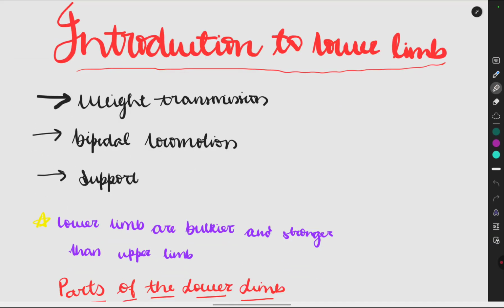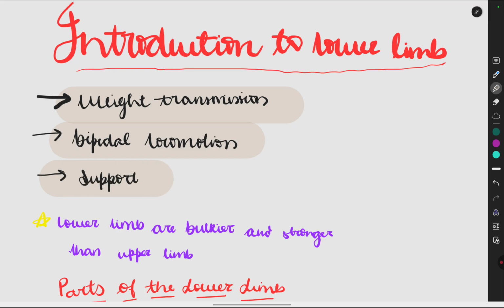So what does the lower limb help in? Lower limb helps in weight transmission because it is in the lower part of the body. It helps in bipedal locomotion. Human beings have two legs by which they can easily walk and shift from one place to another, and it provides support to the upper part of the body, the bones.